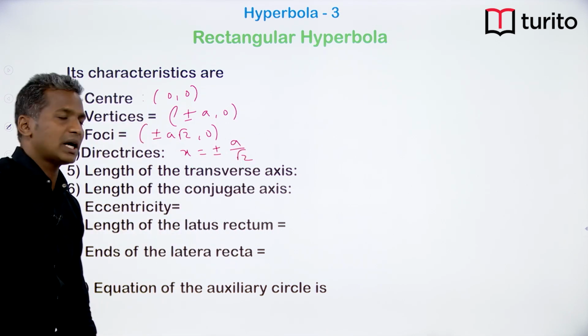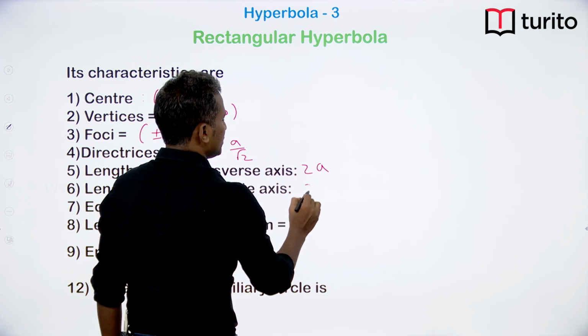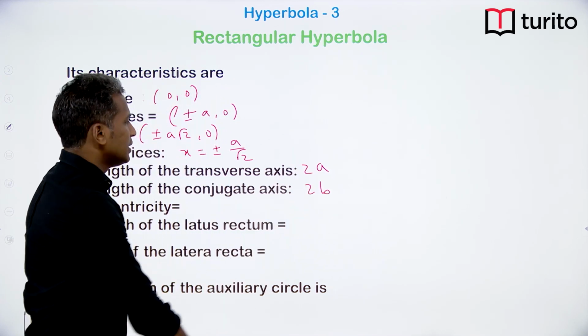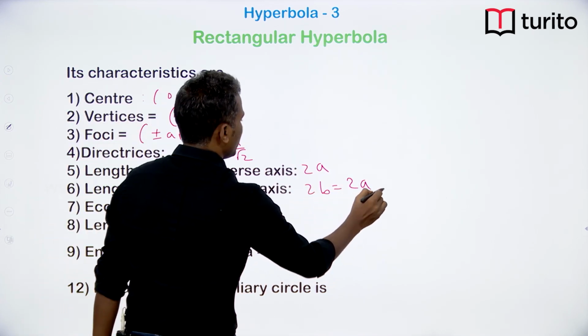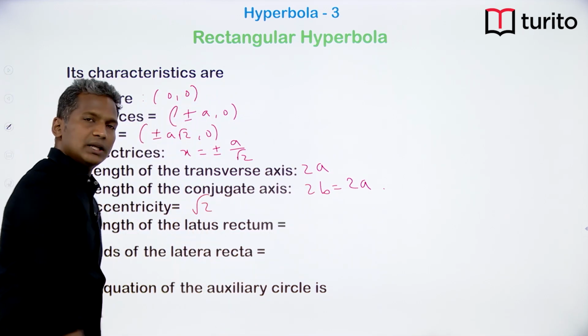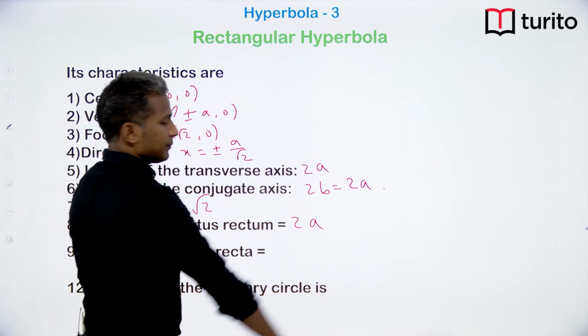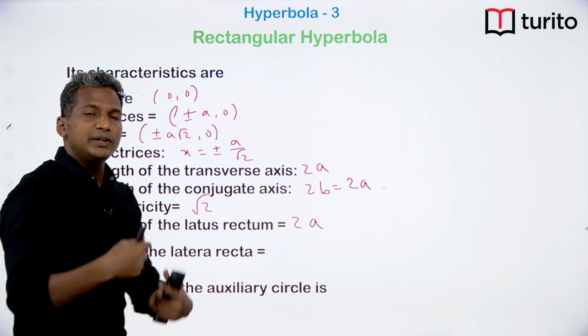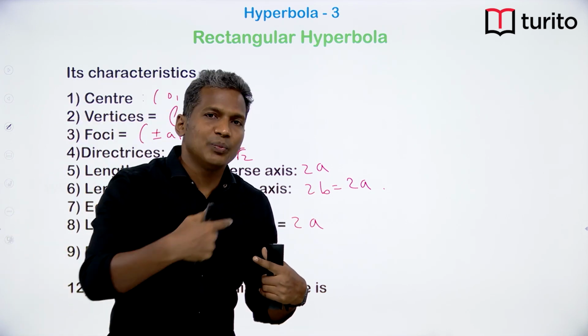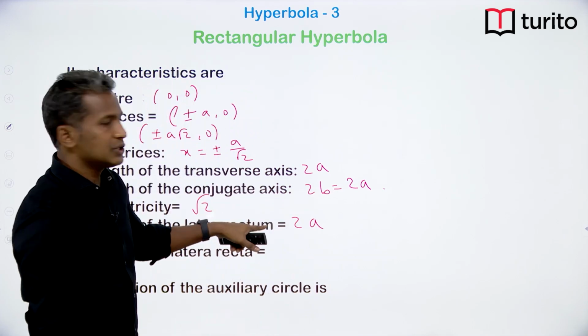Length of transverse axis will be 2a, length of conjugate axis also will be 2b, but that is the same as 2a. Eccentricity is root 2, this we have already learned. Length of latus rectum here also becomes 2a, because it is 2b square by a. Now, b and a are equal, so I can just put a in place of b, so it becomes 2a.